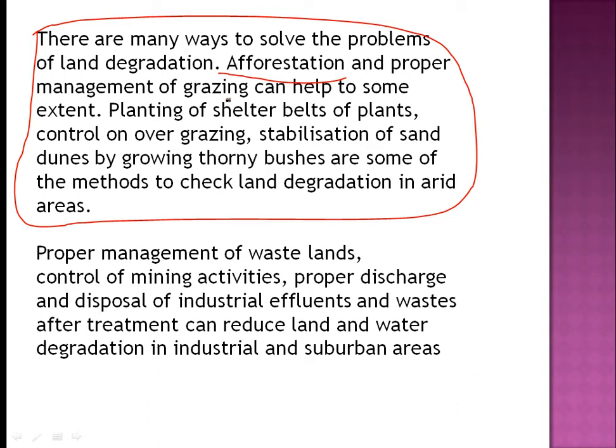Planting of shelter belts of plants. Next, control over grazing, stabilization of sand dunes by growing thorny bushes. So these are some methods to check land degradation in arid areas.